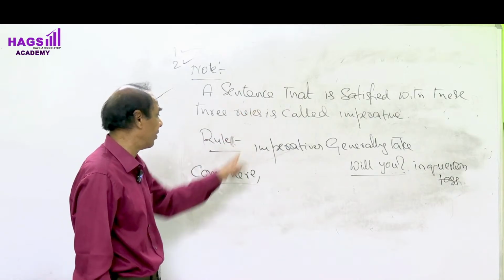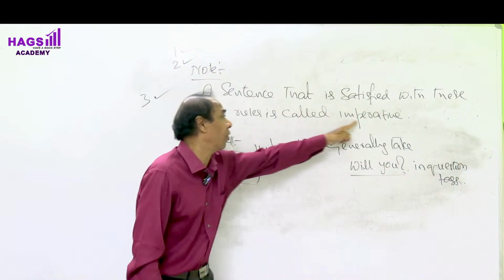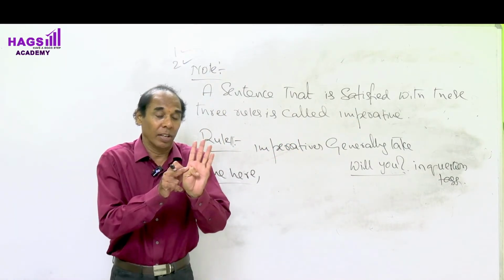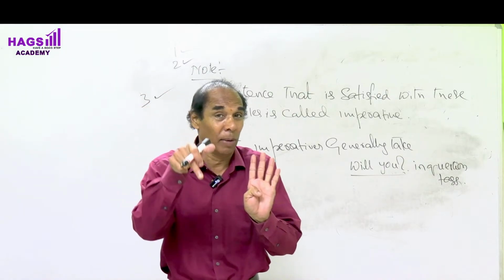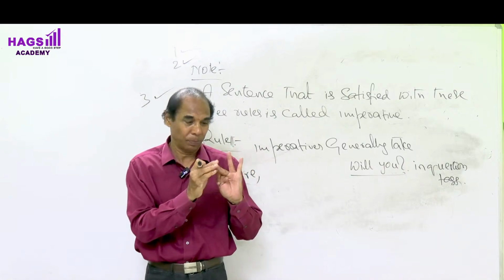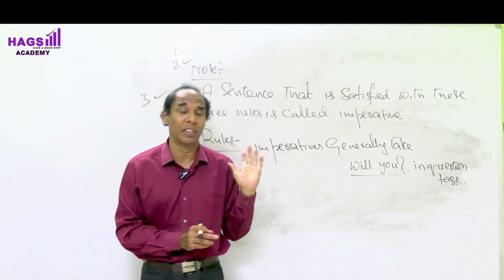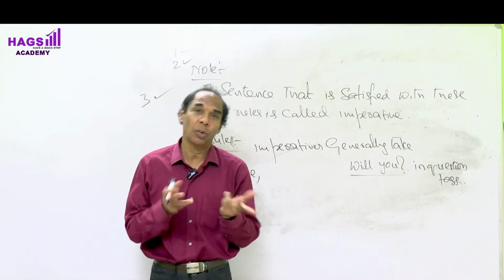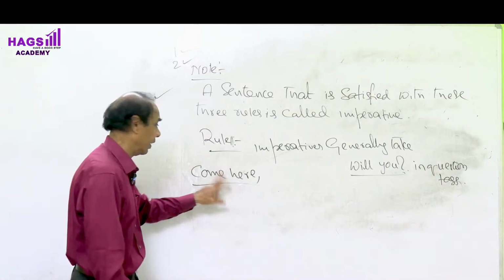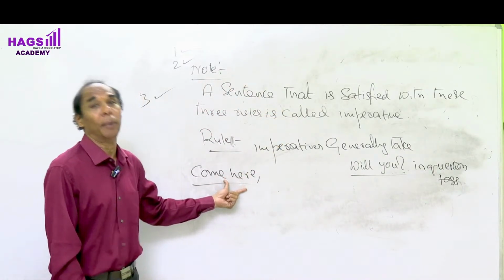So what is an imperative sentence? Subject you is absent, but the meaning will be there. Rule number 2, sentence begins with V1. Rule number 3, the sentence expresses command as well as request, depending on the situation. A sentence that is satisfied with these 3 rules is called an imperative sentence.